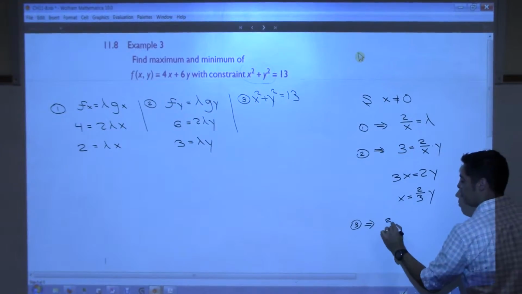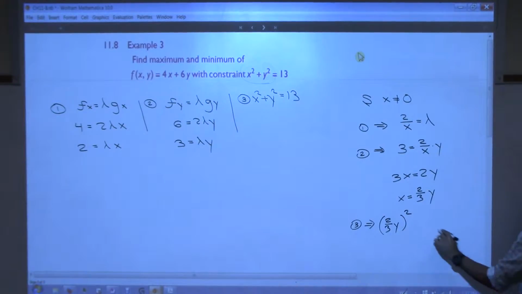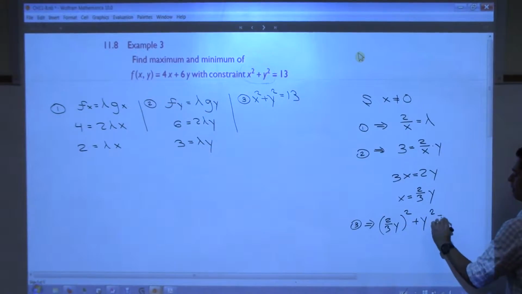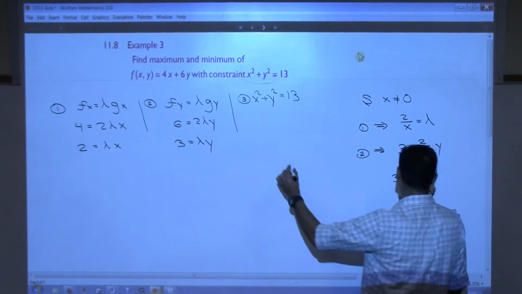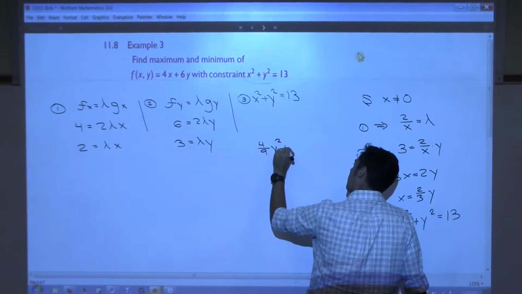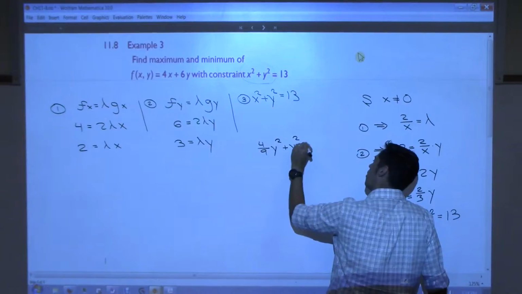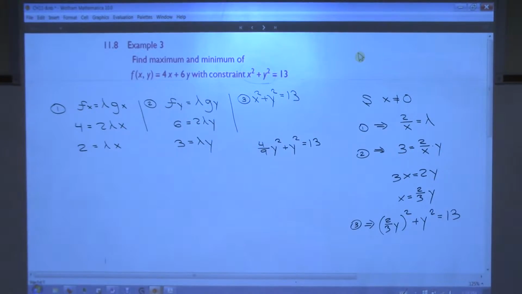So it becomes 2/3 y, that's x squared, plus y squared equals 13. Don't forget to square the fraction here. So this is 4/9 y squared plus y squared must equal 13. And then go ahead and continue on.